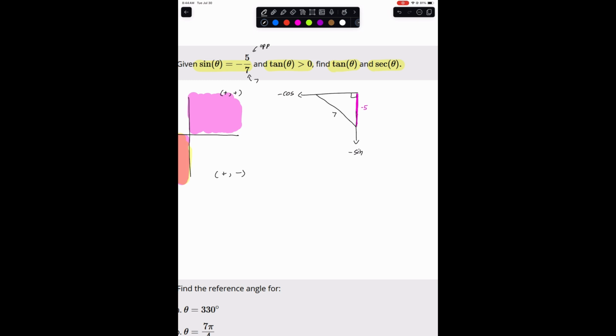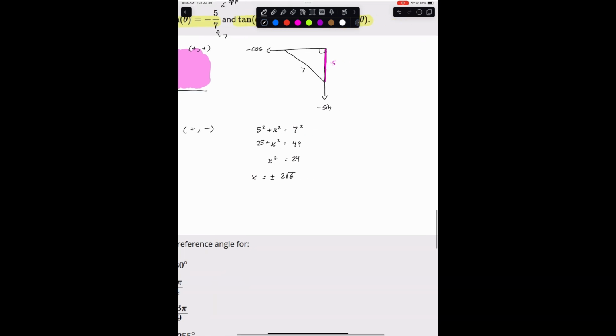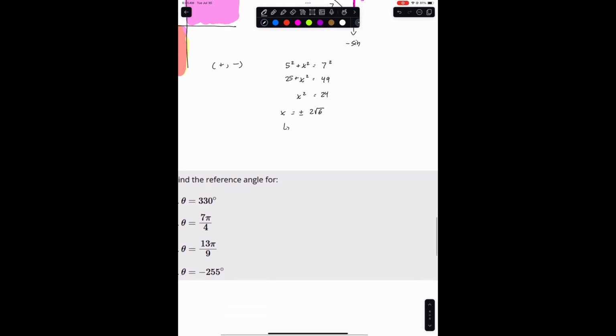And then we can solve for the cosine length. 5 squared plus x squared equals 7 squared. 25 plus x squared equals 49. x squared equals 24. x equals plus minus 2 root 6. Now we want a negative, so we want specifically the negative 2 root 6.